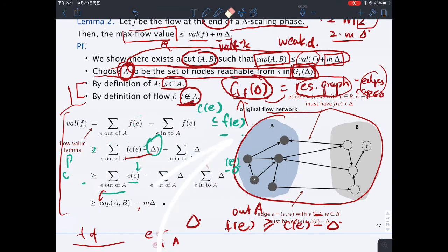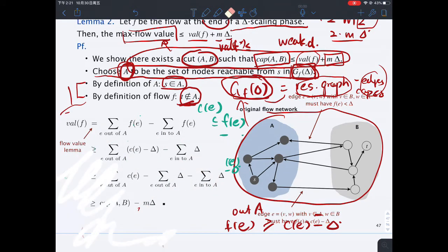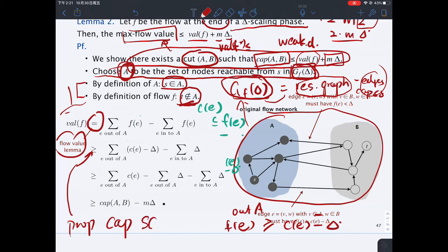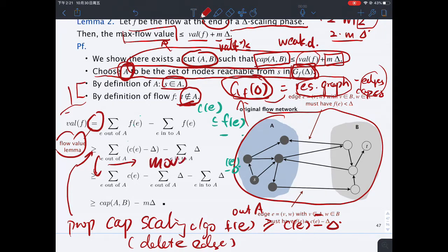So let me just clean up everything and go back to the very high-level idea of all the derivations here. The first one would be the flow value lemma. The second one would really just be the property of the capacity scaling algorithm, and more specifically, the way we delete edges. The third one is just moving around the terms.